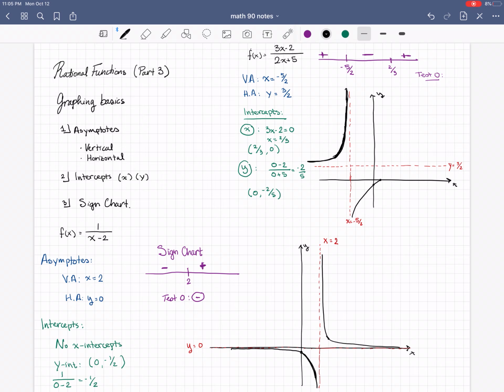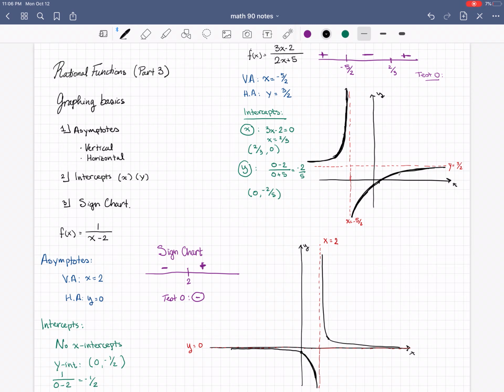And then from 2/3 onwards, we have to be above the x-axis, but we've got a horizontal asymptote that we know for now, because I told you, we don't cross. So you have this shape where you're approaching y equals 3/2 without ever crossing it. So there is our shape.